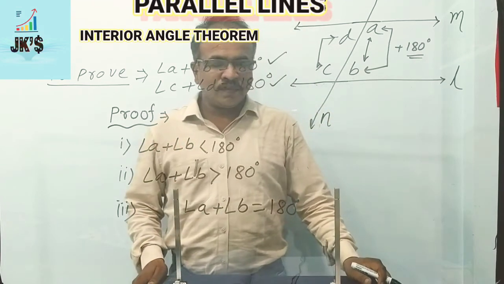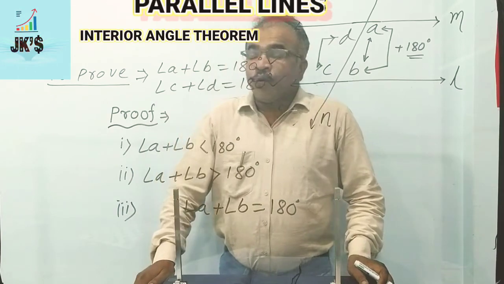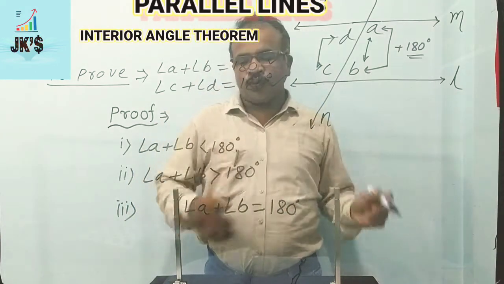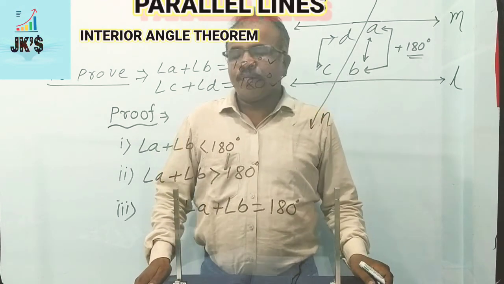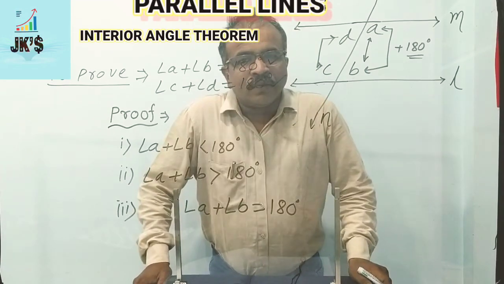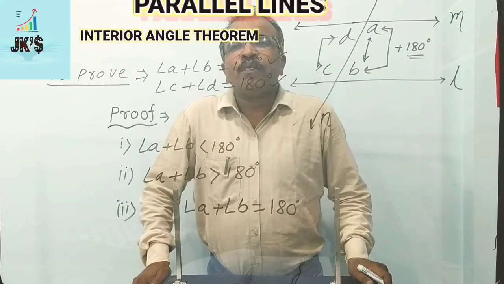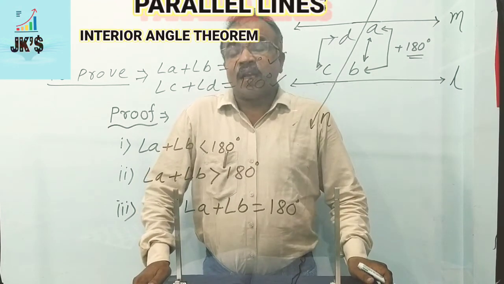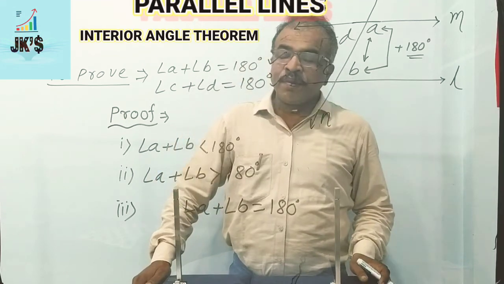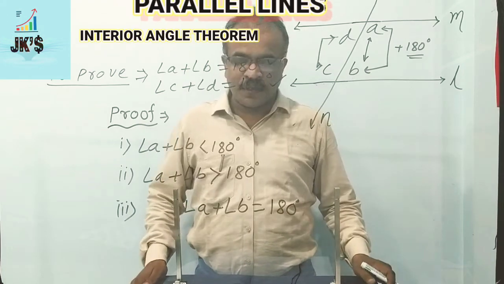For this proof, we are going to use the indirect proof. In the previous chapter, we studied that for the proof of a theorem there are two methods: one is the direct method and the other is the indirect method.